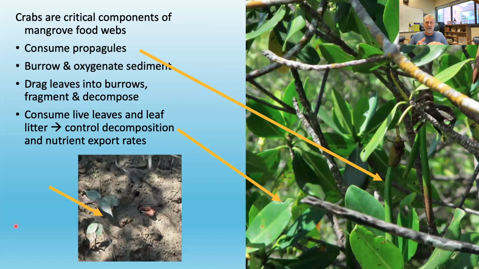In this instance, crabs consume the propagules, and they burrow in the sediments, which oxygenates the sediments, but they also drag leaves into these burrows where they break down. They also consume both the live leaves and the leaf litter. And so this helps control decomposition and then the nutrient cycle, right? Those export rates.